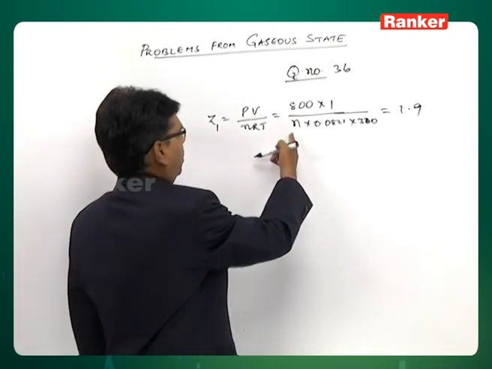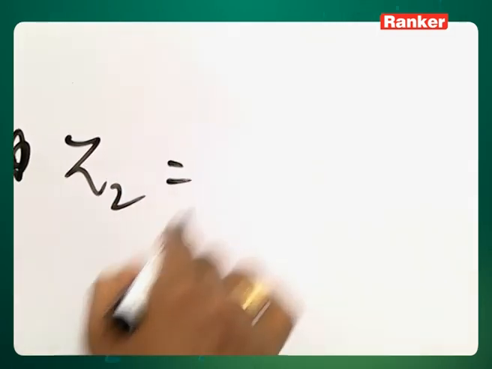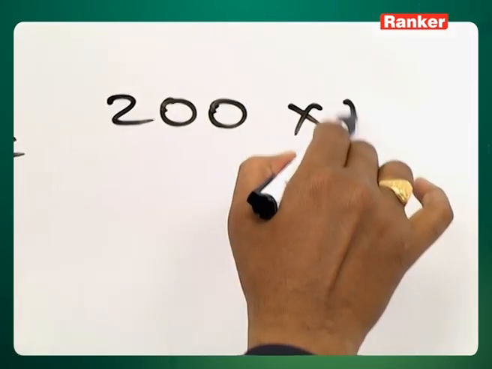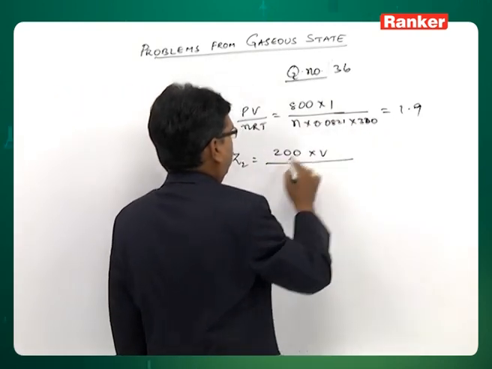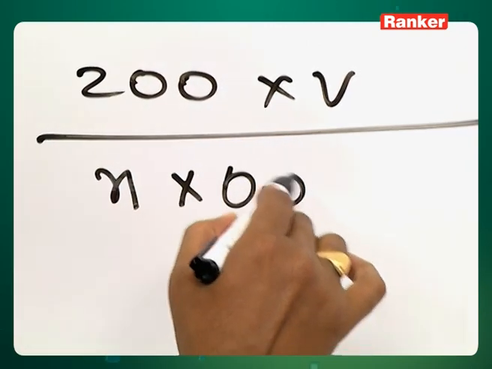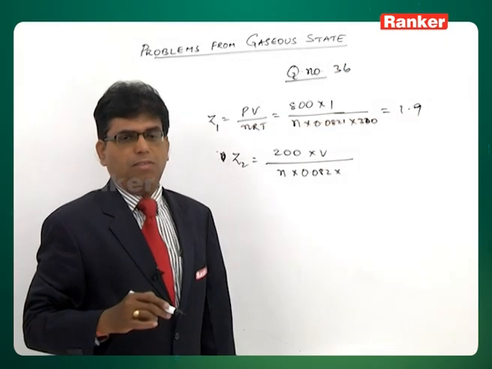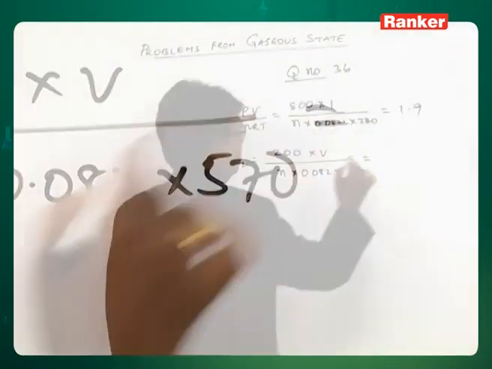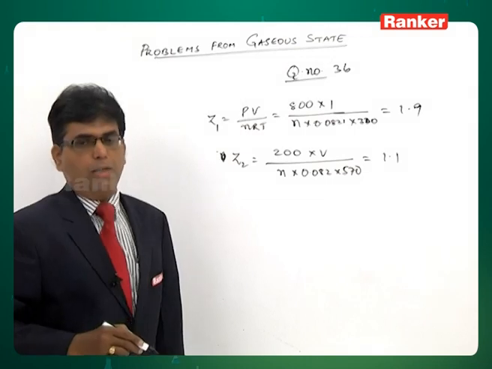So, after substituting this n, Z2 is equal to the pressure given, 200 atmosphere, times the volume, which we have to find out, divided by the number of moles that we get, into 0.0821 into the temperature given, 570 Kelvin. This is equal to 1.1. So, from this you will get the volume again.